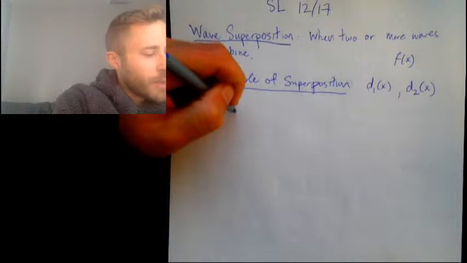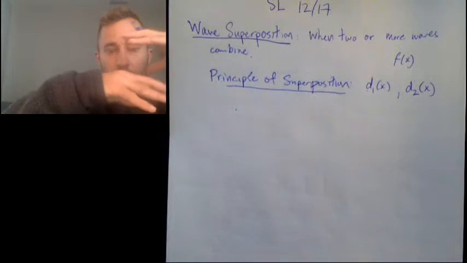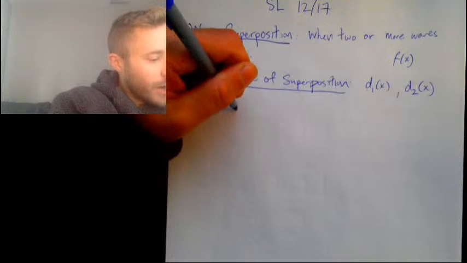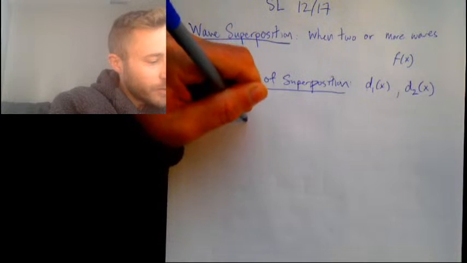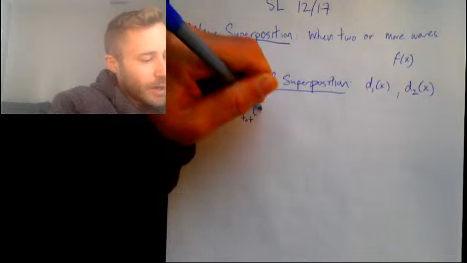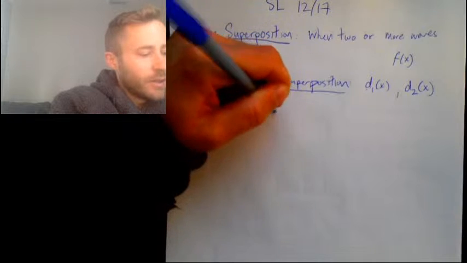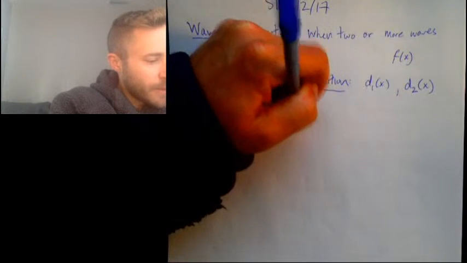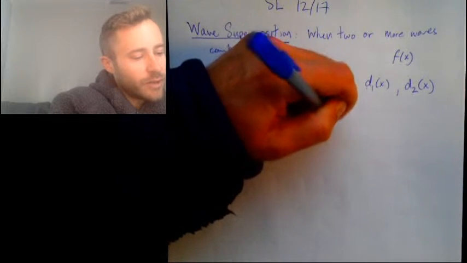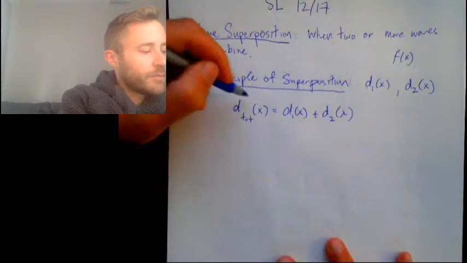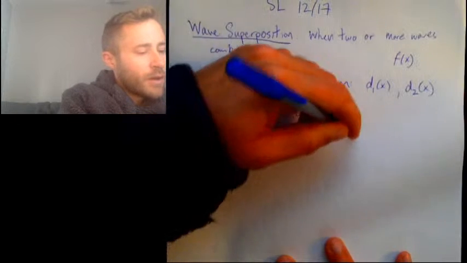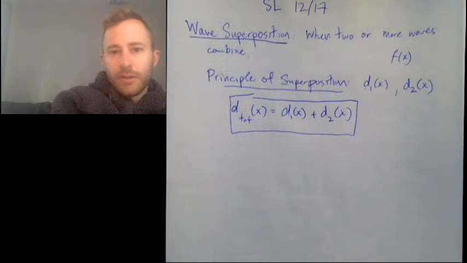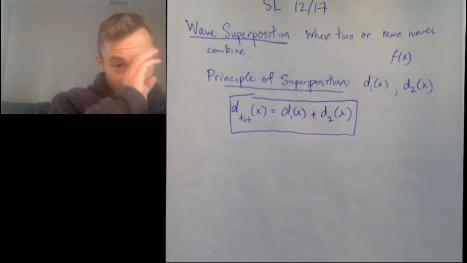Then when these two waves overlap, they will combine, and the total displacement at location x is the sum of the first displacement as a function of x plus the second displacement at x. So that's called the principle of superposition.